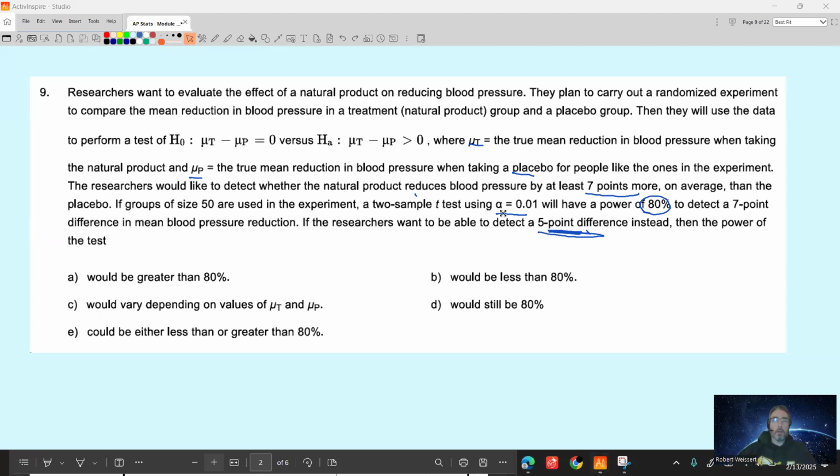So the quick way to explain that is, I'll write this down. If the actual alternative, actually the actual mean, excuse me, is closer to the null, the test will have less power.